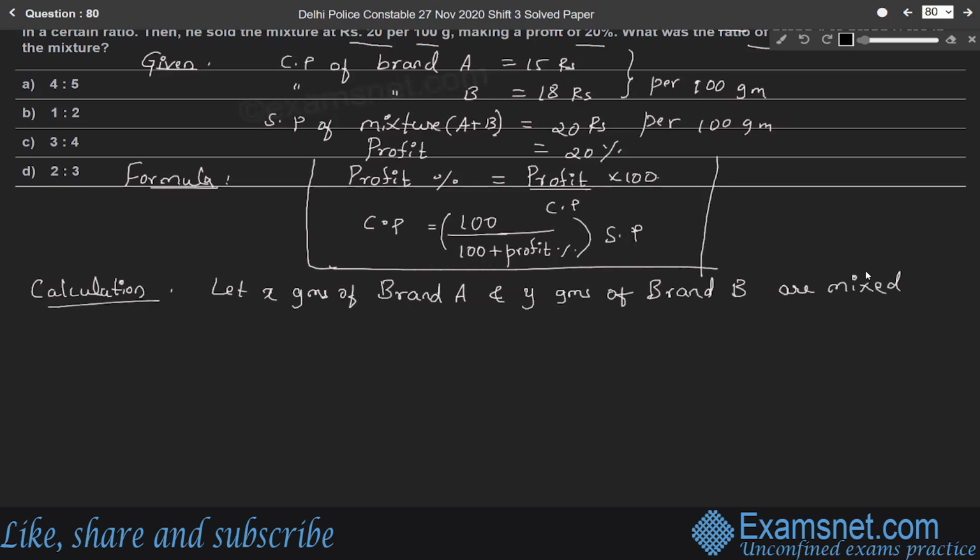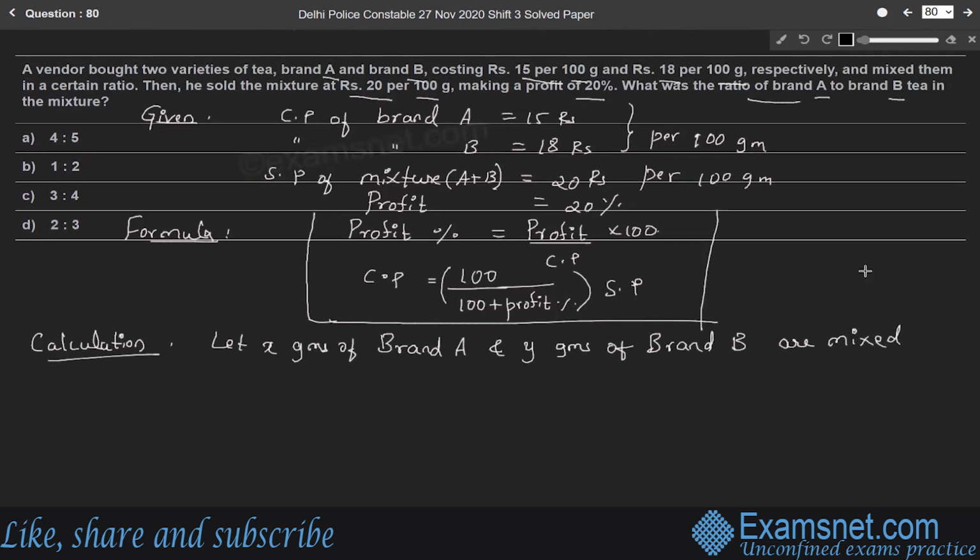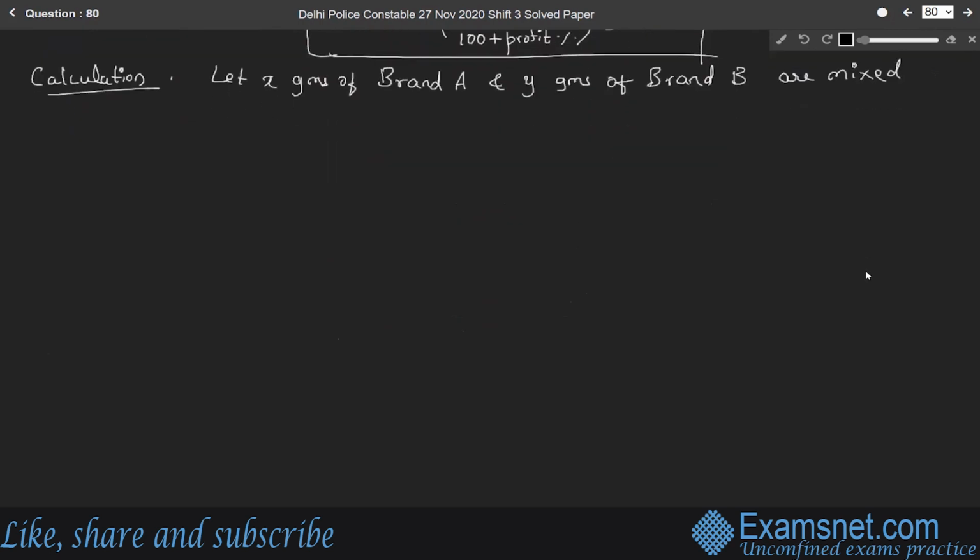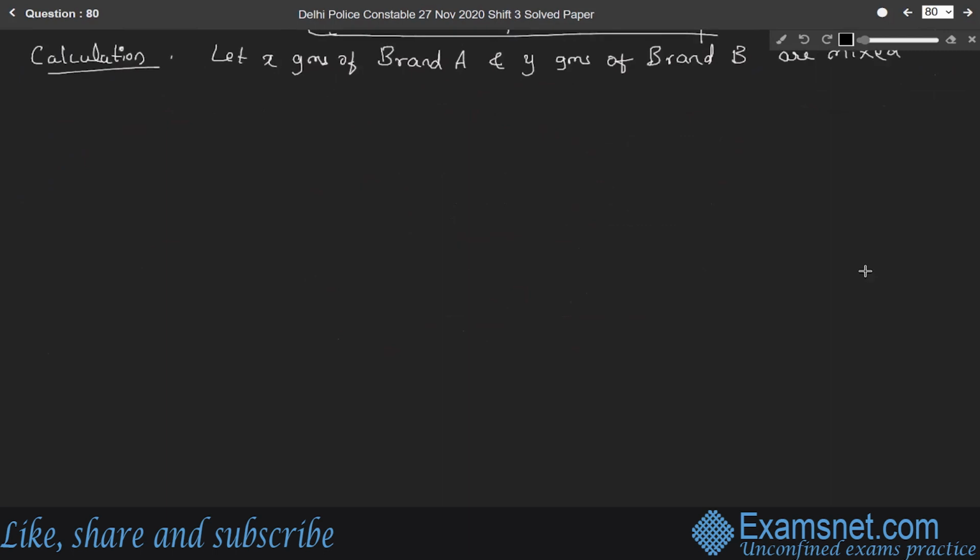Here in the question, for 100 gram of brand A, the cost price is 15 rupees. For 100 gram of brand B, the cost price is 18 rupees, which is given.